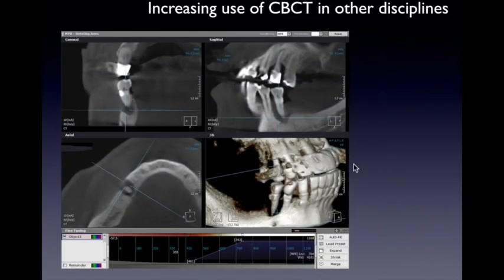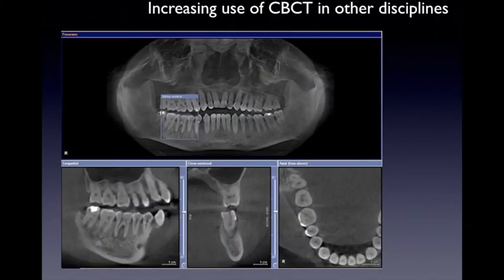Periodontal diseases could be very well assessed, even cracked tooth in terms of endodontics, and determining whether or not something is still restorable would be more appreciated in CT scans. Because now we could not just identify that there's a vertical fracture, we could identify up to where the vertical fracture is.